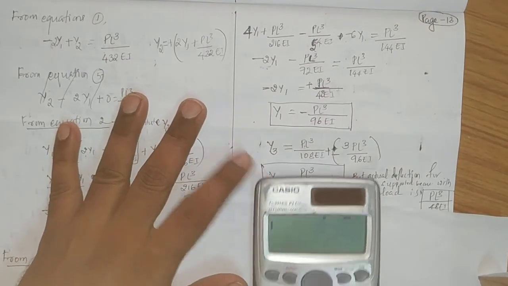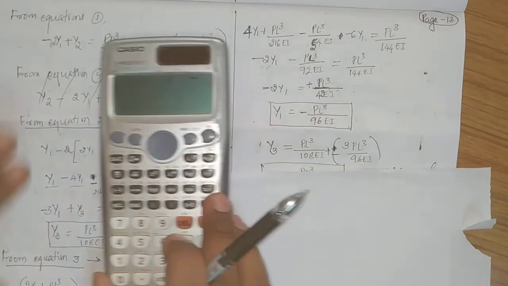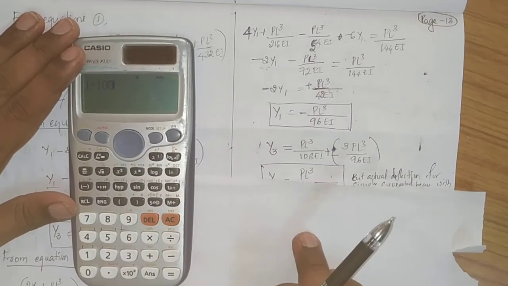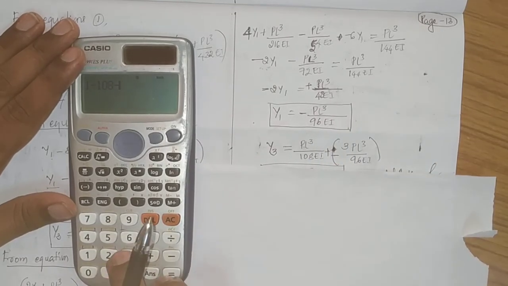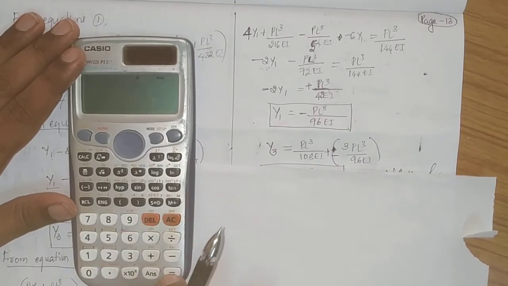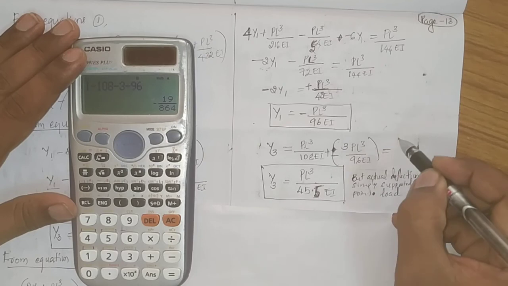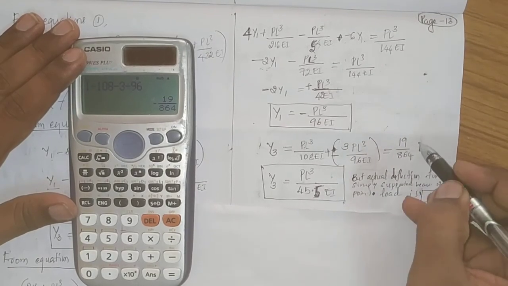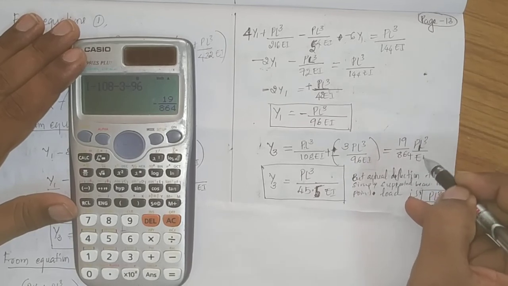Let us see, 1 divided by 108, minus 3 divided by 96, which is equal to 19 divided by 864 PL cube by EI.